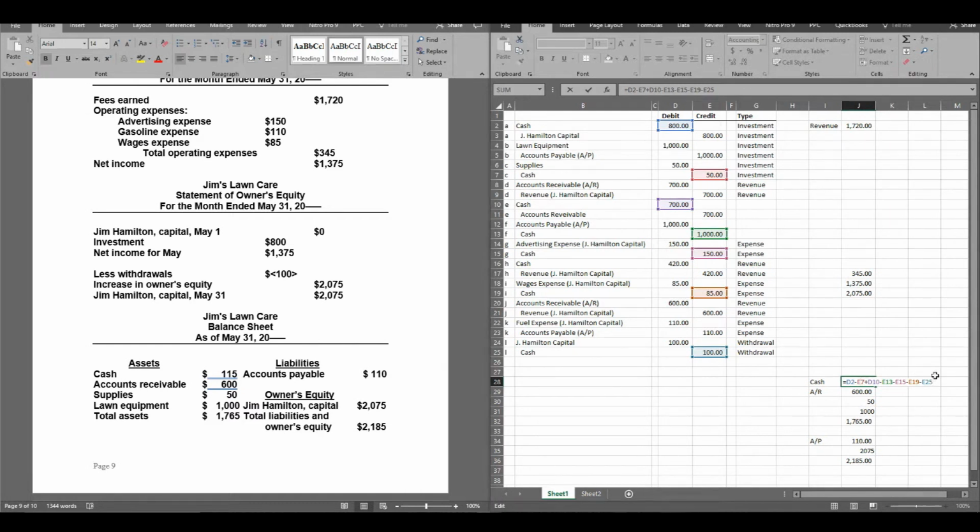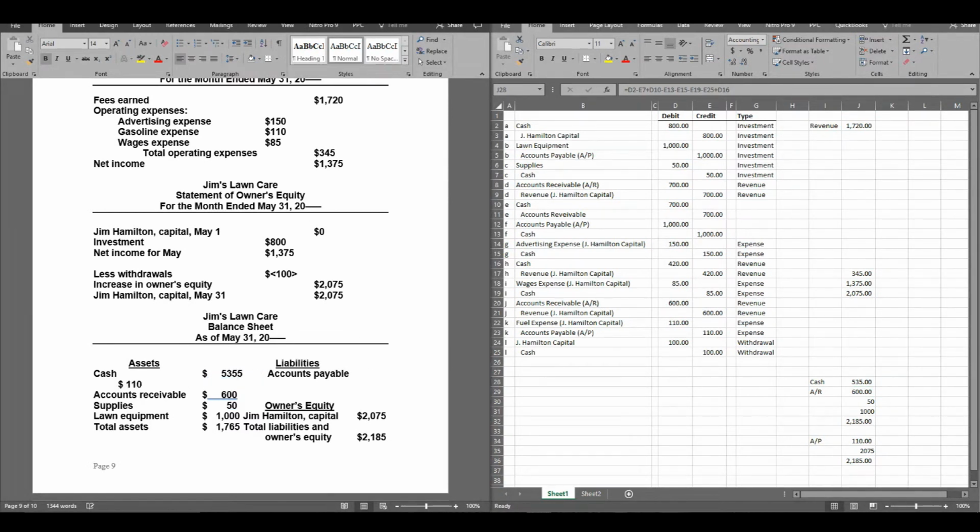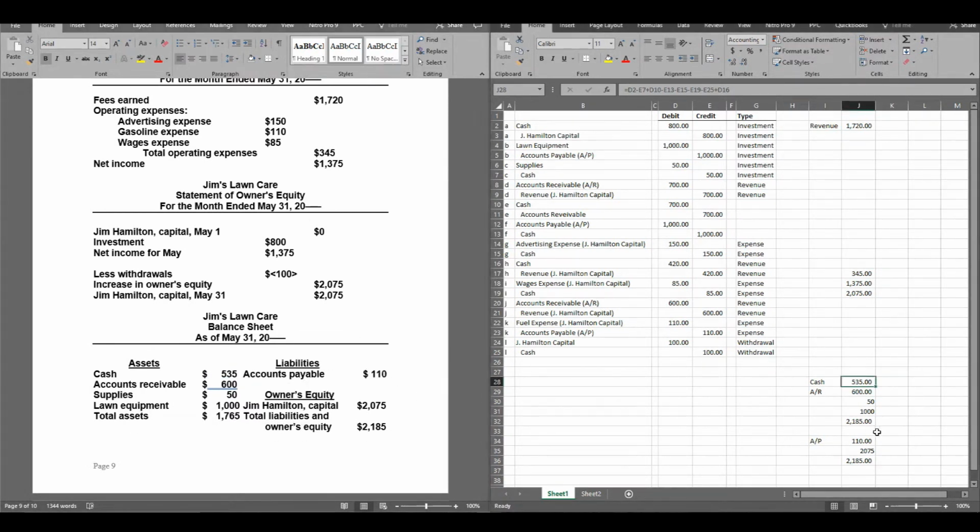We missed that plus 420 here, right? And I think that's the only thing we missed on cash. So this should be 535. So what does that do? Oh, check it out. We are good now, 2185. So our total assets are 2,185.